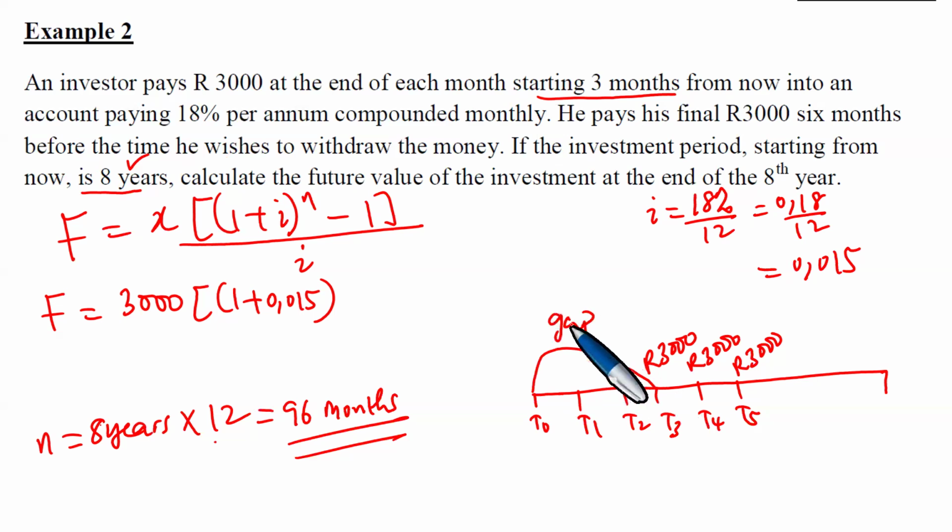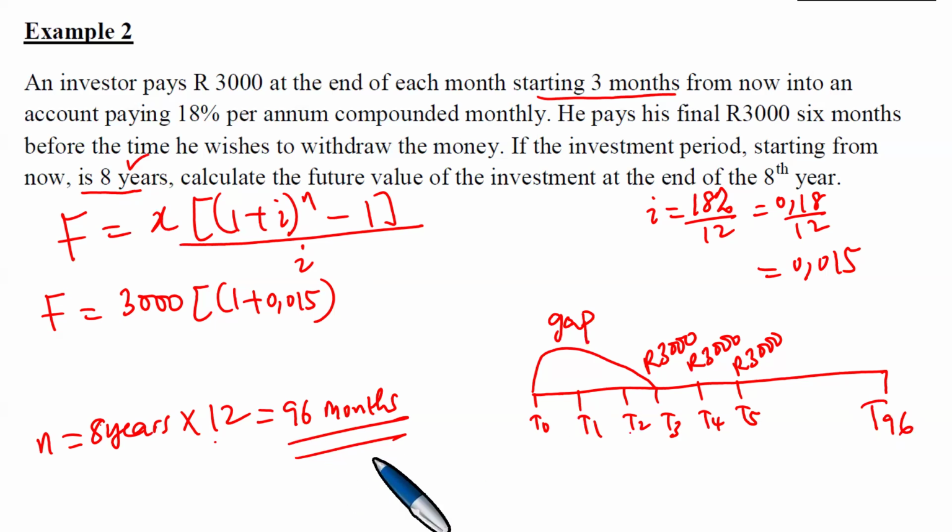There are a couple of things that you need to take into account. In the end, in the 8 years, we have 96 months.